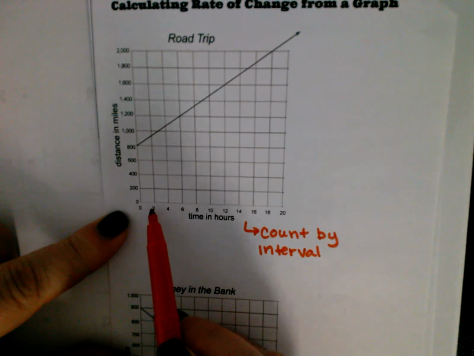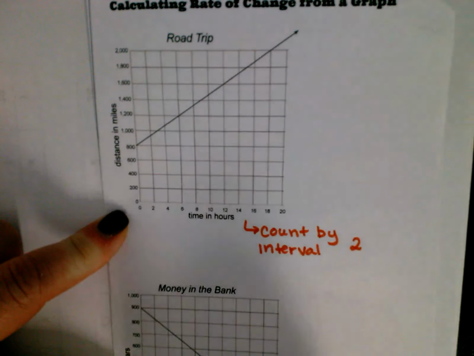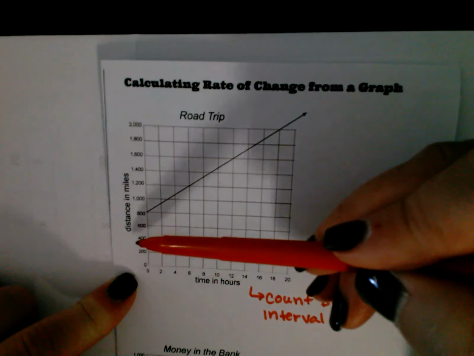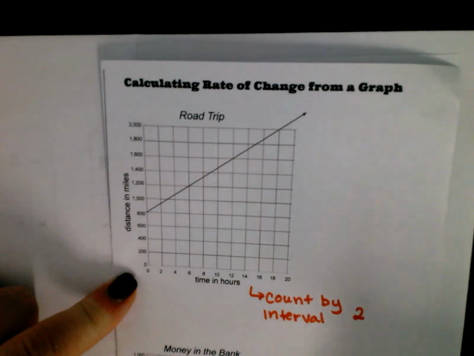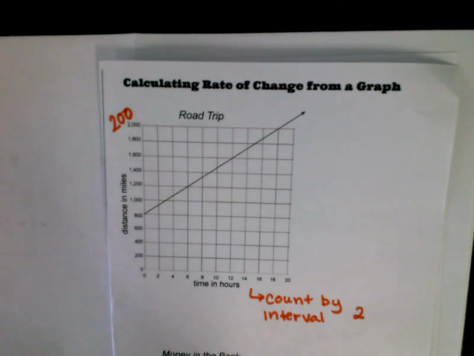So to go from 0 to the next row to the next row in the x's, we counted by 2's. When I look at the y's, the interval was 200. That's a good thing to notice.